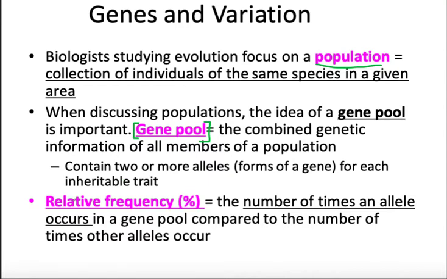So if we go back and we define evolution as changes in the genes of a species over time, what we can really focus on is the frequency of those genes. Frequency is a percentage. So what percentage of individuals have a certain gene?